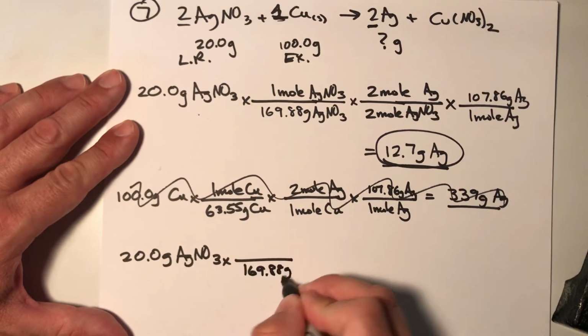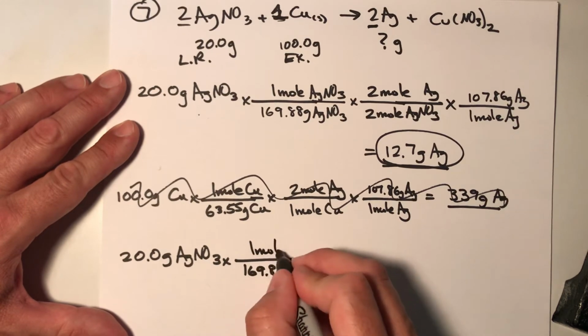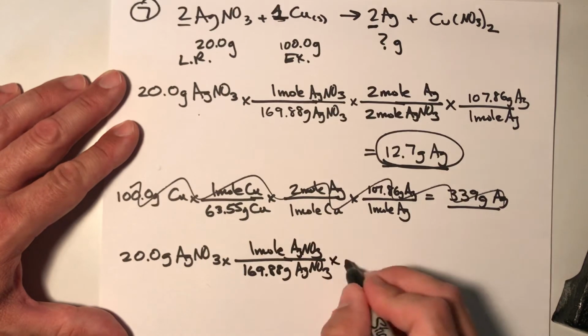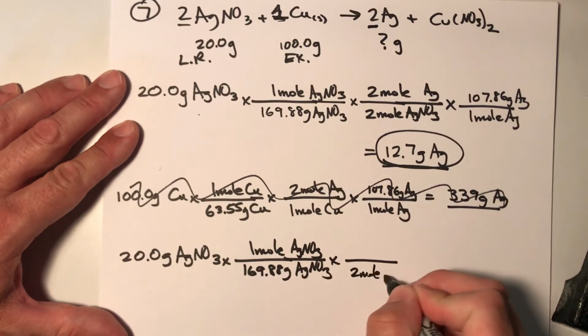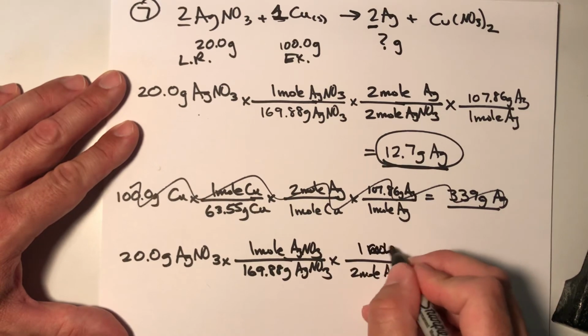I'm going to change that to moles. This time I'm going to mole to mole ratio over to the copper to see how much copper gets used. So for every 2 moles of silver nitrate, there's 1 mole of copper that is used.